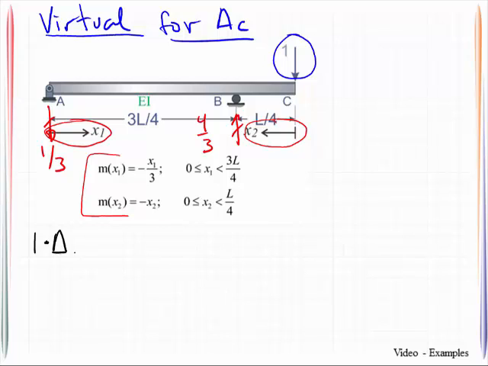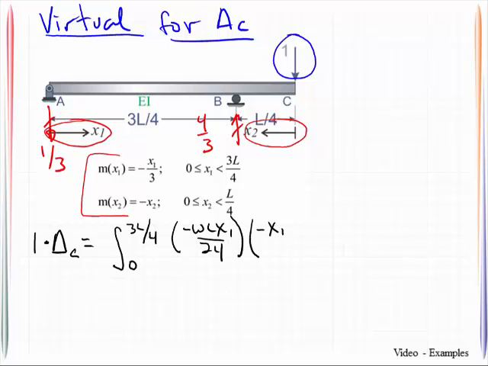So 1 times delta C, so that's the external work, is equal to the internal work. So let's look at segment AB. That's going to be integrated from 0 to 3L over 4. We take the big M, multiply it by the little m, divide that quantity by EI, and integrate that with respect to x1.